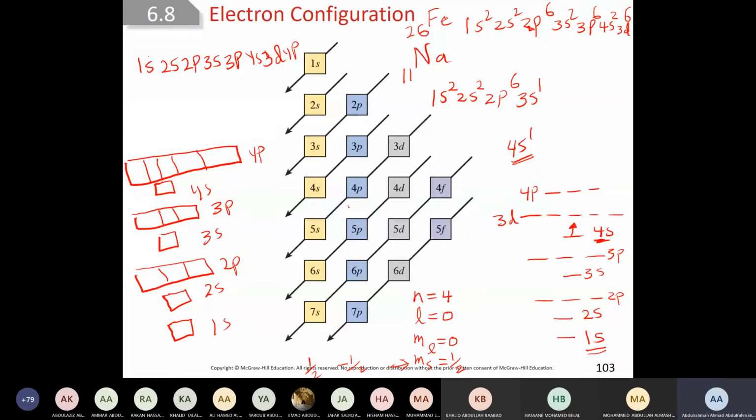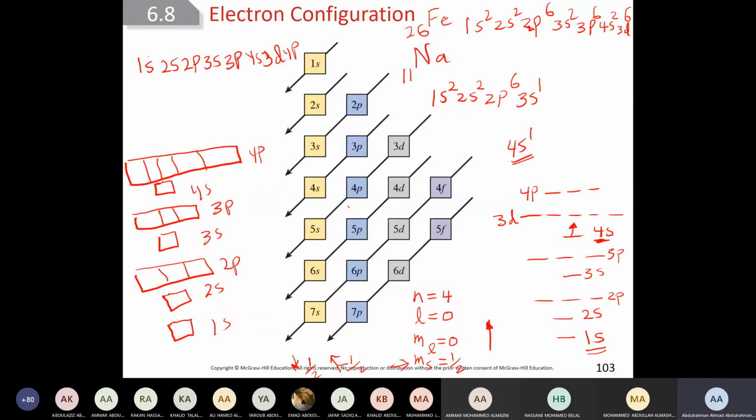Doctor, I don't understand exactly how we know when MS is positive and when it is negative. No problem. You can choose. You decide if the arrow is up. Do you want this to be half or minus half?